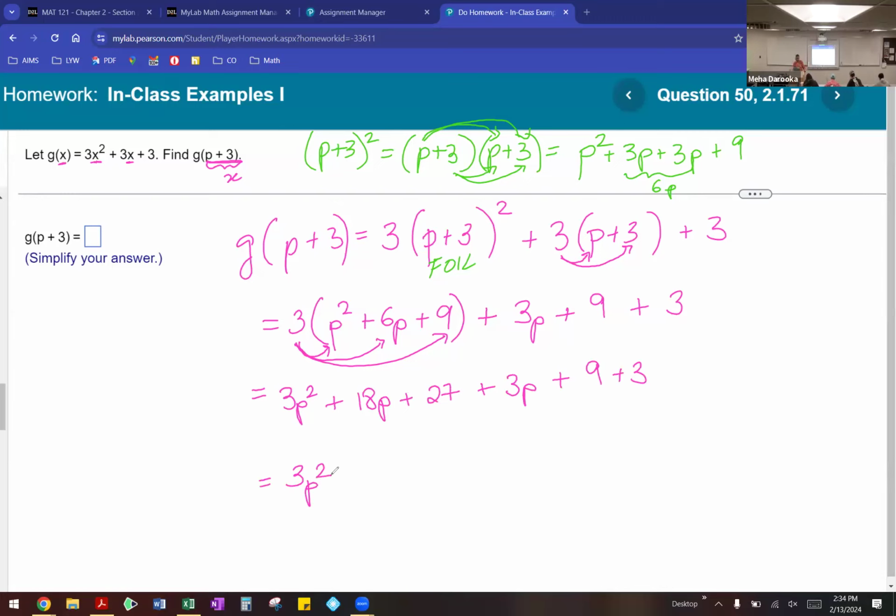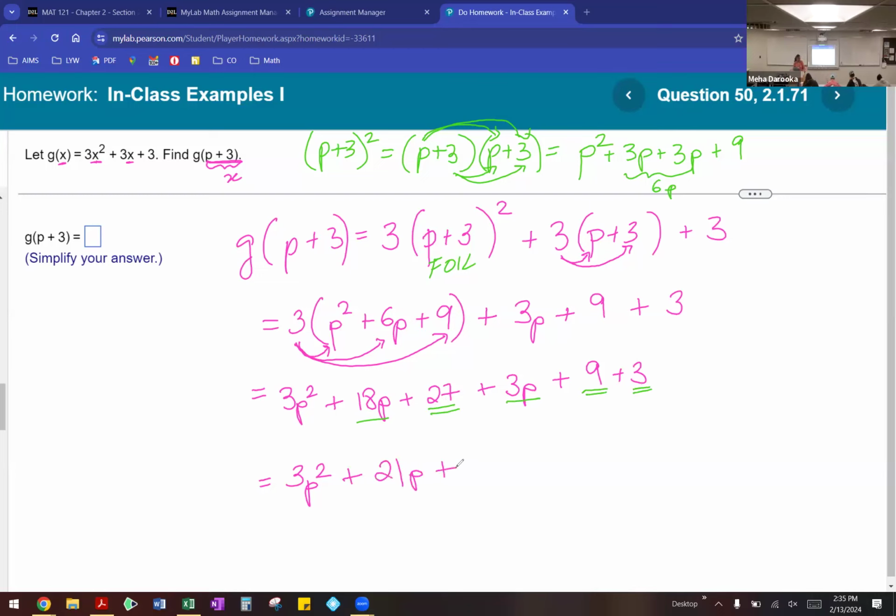When we combine like terms, what do we get? And what are the like terms here? Because of course, 3p squared didn't have anybody to be added to. What else did we have? Very good. 18 plus 3, what did we say, 21p?